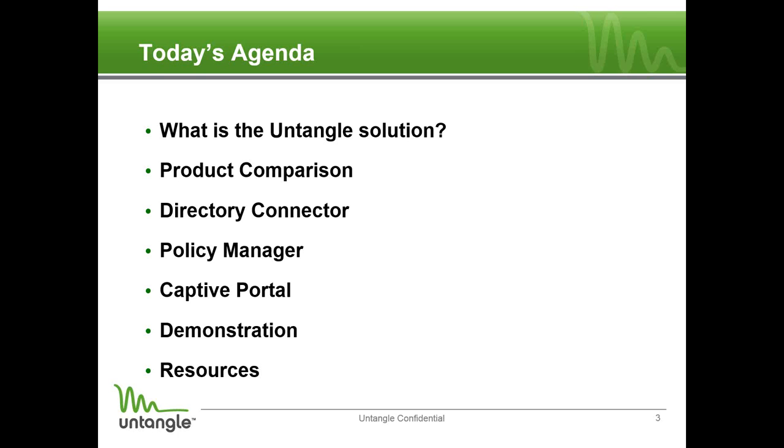What we'll be covering today is a quick overview of what the Untangle solution is. We'll cover briefly a product comparison between our Lite package, our Standard package, and then our Premium package, and show you a little grid that compares those.